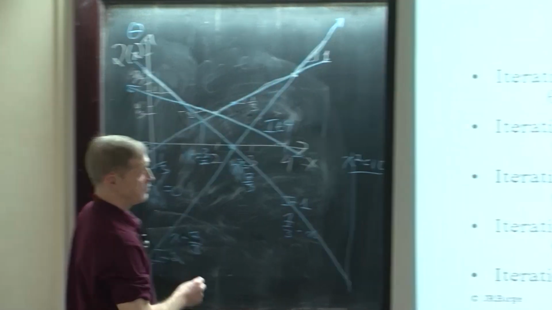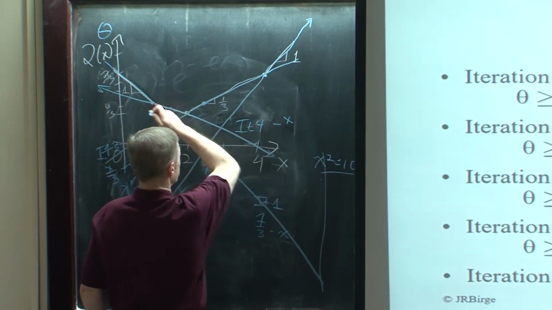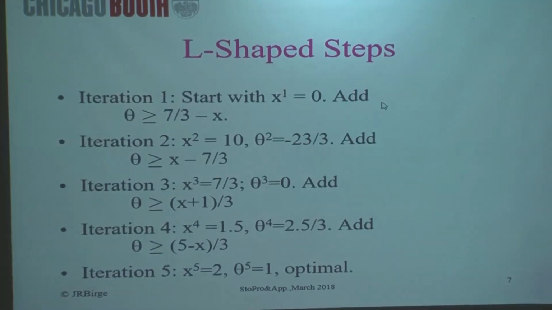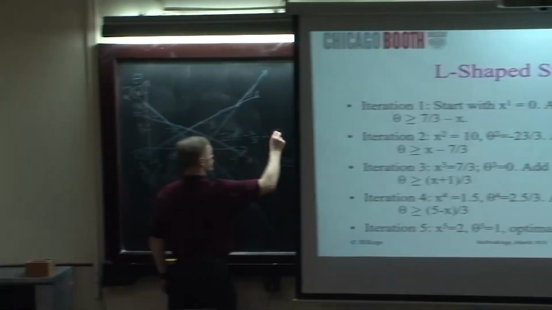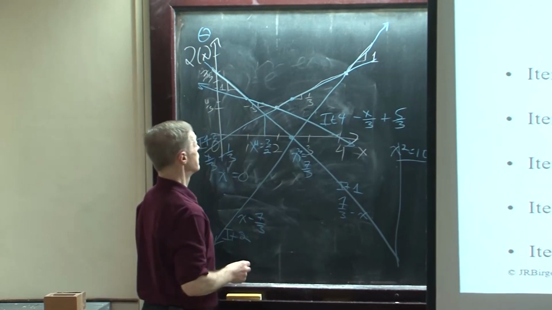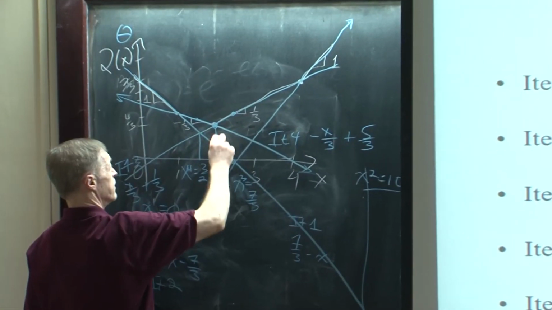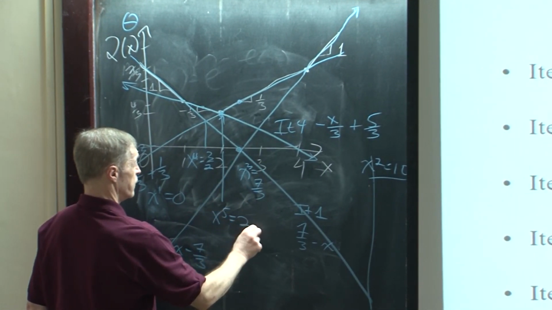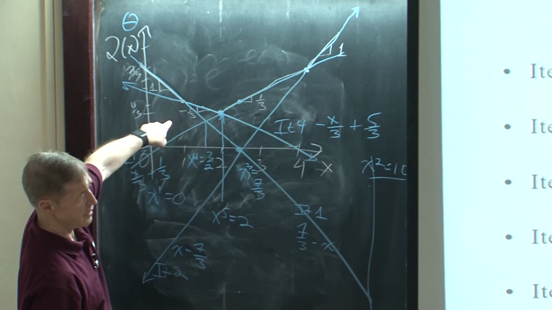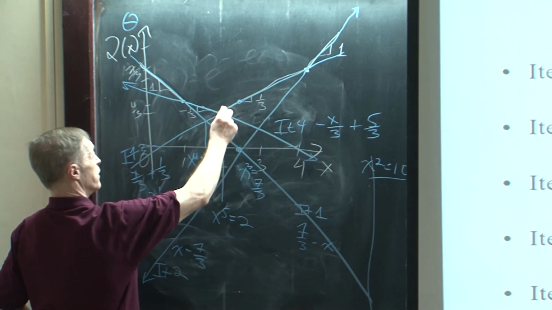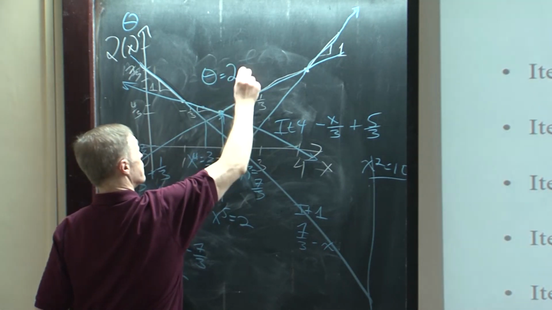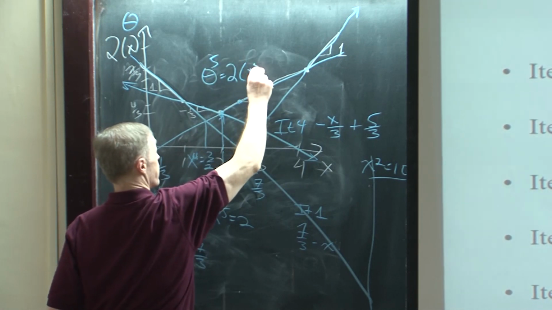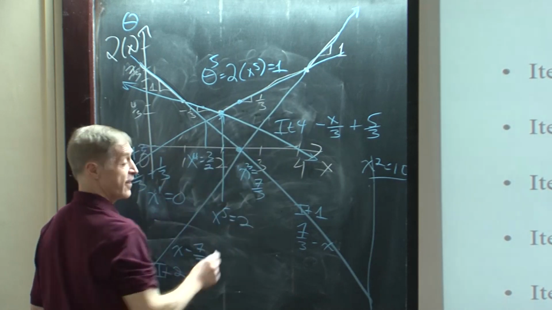And that constraint is, because the slope is minus 1/3 here, minus x over 3 plus 5/3. All right, and then I get this point. So at this point, I've got x5 is 2, theta is 1, and q is 1. So I get theta equals q of x5 equals 1, and then the algorithm stops.